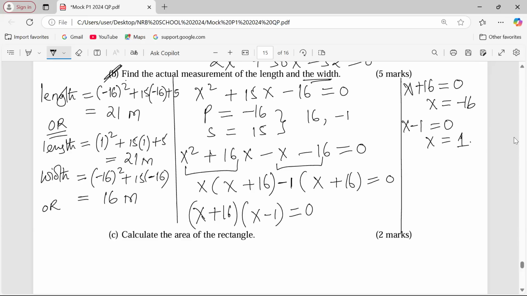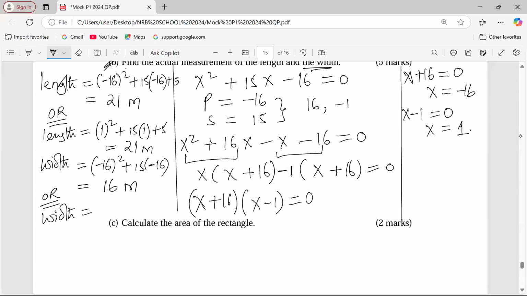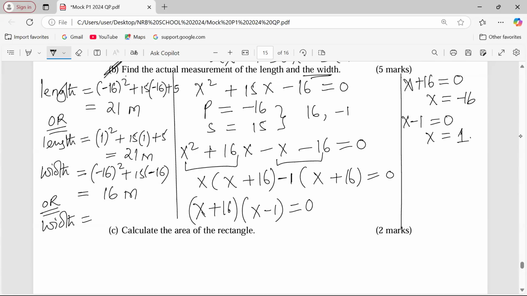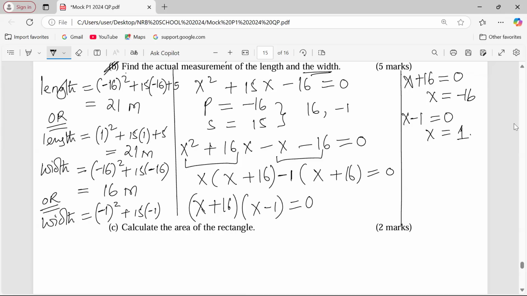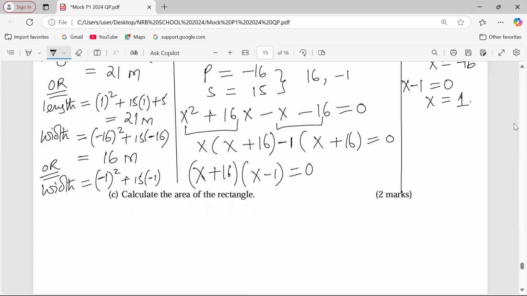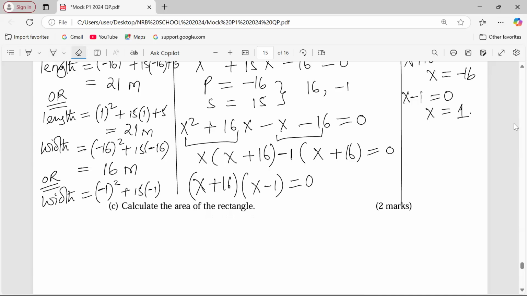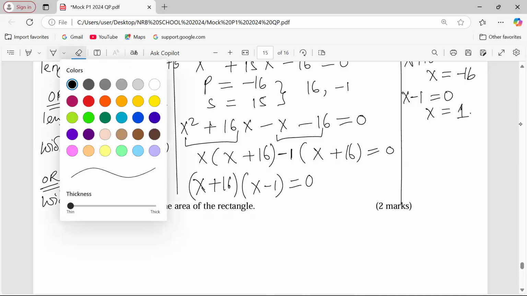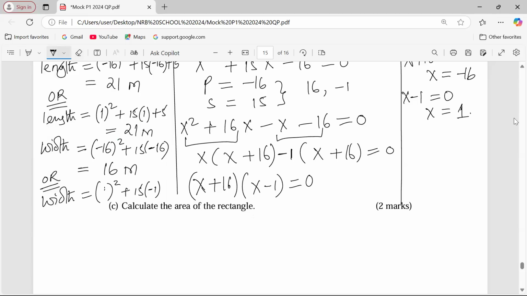This can also be expressed using positive 1: 1 squared plus 15 into 1, which is also going to give us 16 meters.